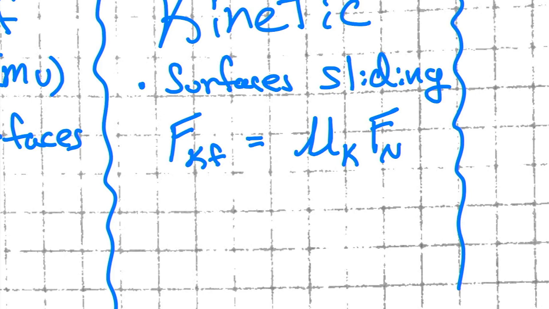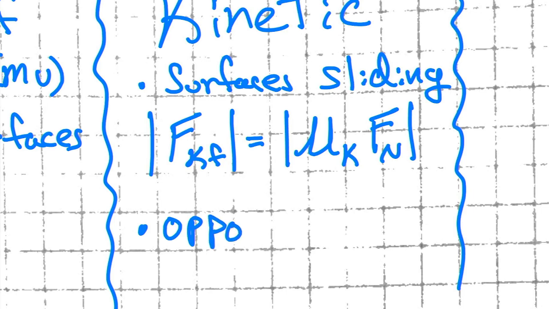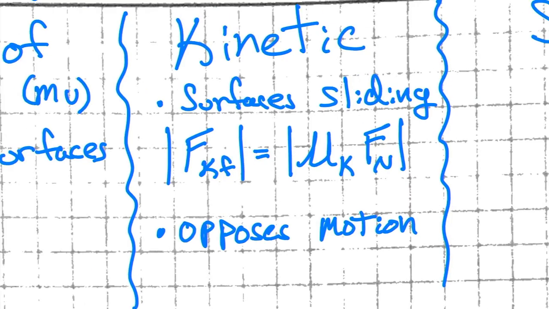This only tells you magnitude. It does not tell you direction. I'll put absolute values on, just magnitude, not direction. And this type of friction always wants to oppose motion. It always tries to bring the motion to a stop.